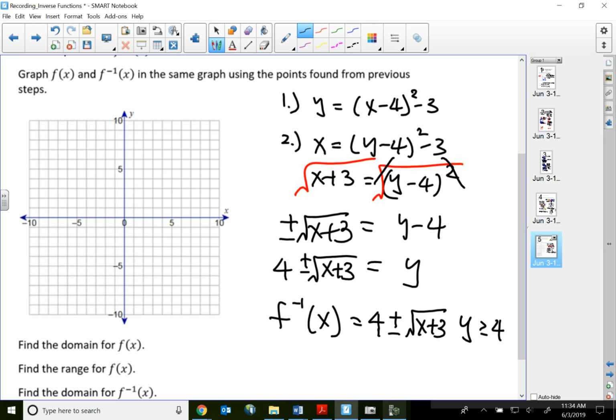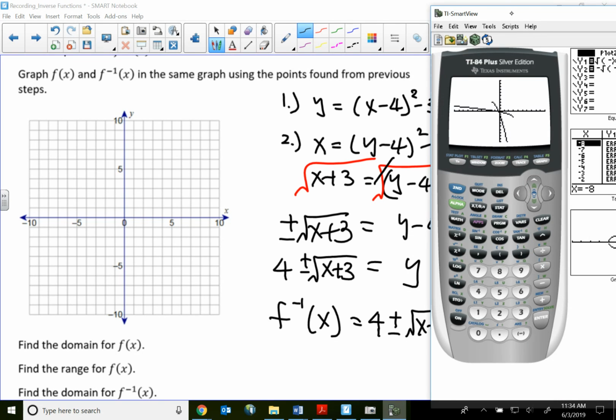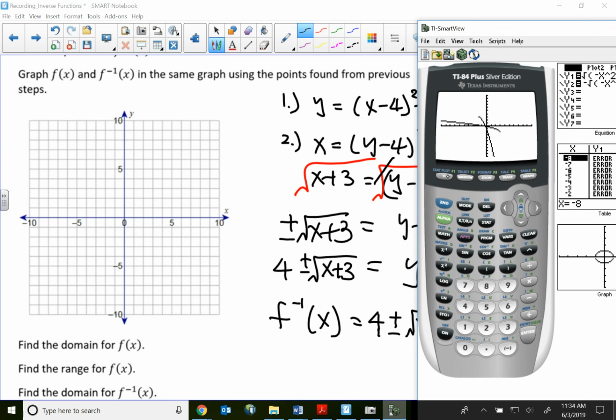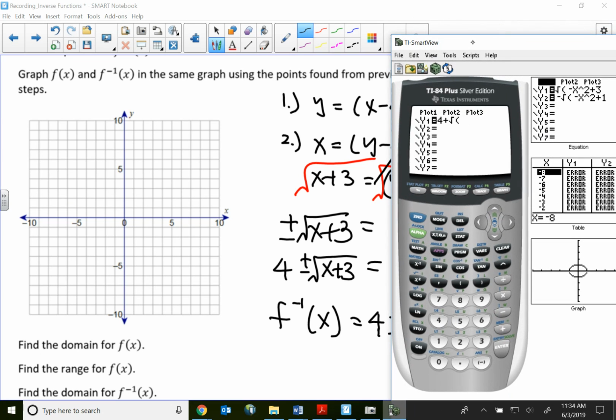Think about the k. Well, you know what? Rather than do that, let's do it by the graphing. If I graph 4 plus square root of x plus 3, is this y greater than or equal to 4?